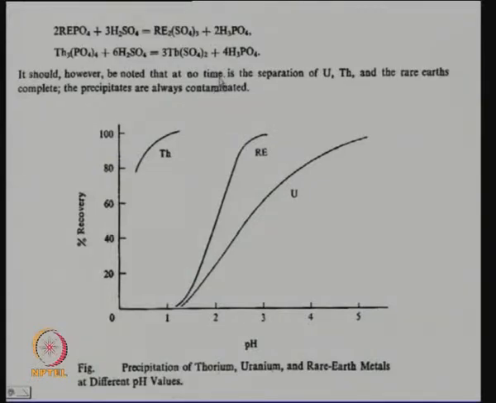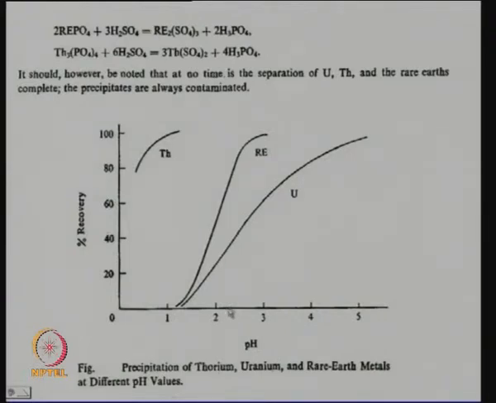At no time can separation of uranium, thorium and rare earths be complete when we are trying to precipitate them. Like thorium is precipitated at pH 1, which means a highly acidic solution. Rare earths at a slightly higher pH, uranium at even higher pH.